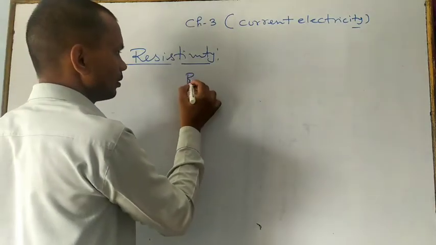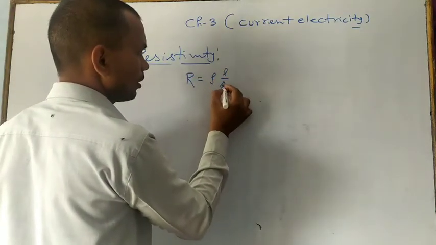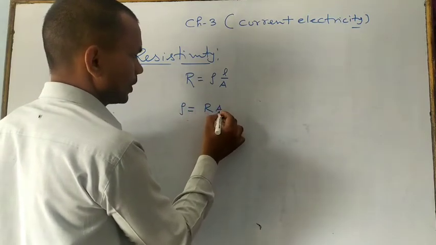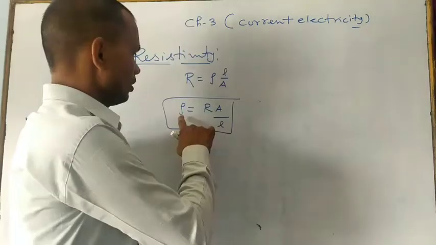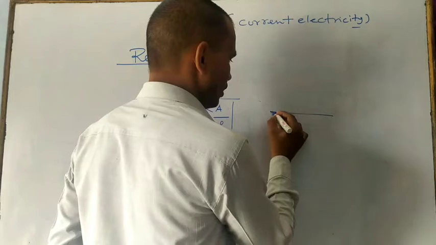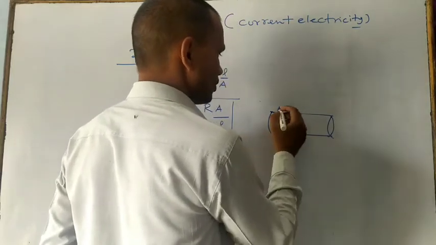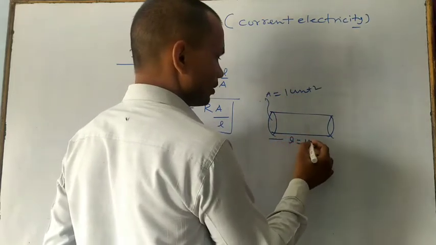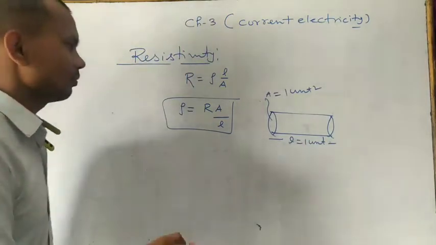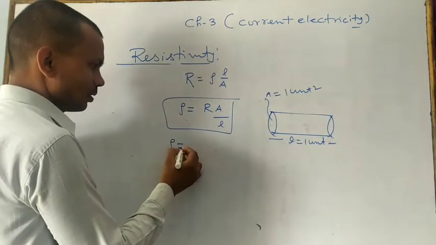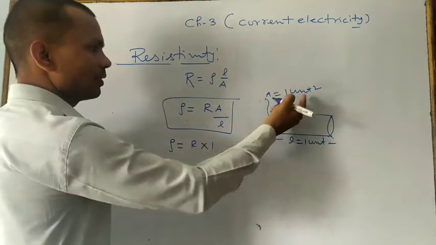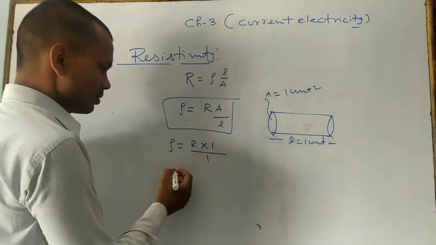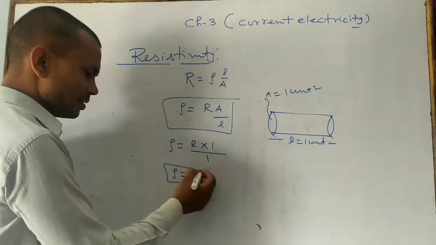We know that R is equal to rho L by A, or we can say that rho is equal to R A by L. Suppose this is one conductor, and suppose cross-sectional area A we are taking as 1 unit square, and length L as 1 unit, right? So here rho is equal to R A by L, where A is 1 unit square and L is also 1. So rho is equal to R.